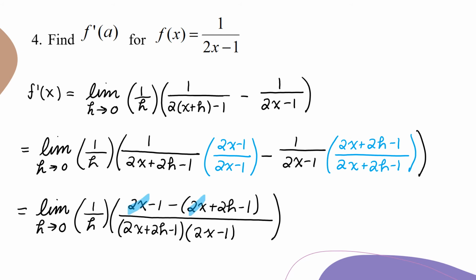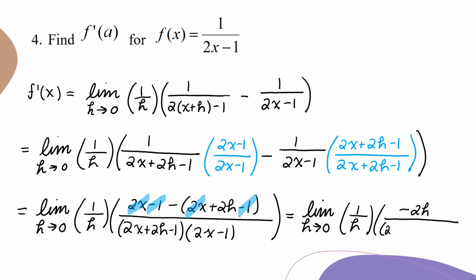So 2x minus 2x is 0, and negative 1 minus negative 1 is also 0. So I have that this is equal to the limit as h approaches 0 of 1 over h times negative 2h, almost lost my 2, all over 2x plus 2h minus 1 times 2x minus 1. I'm out of space.